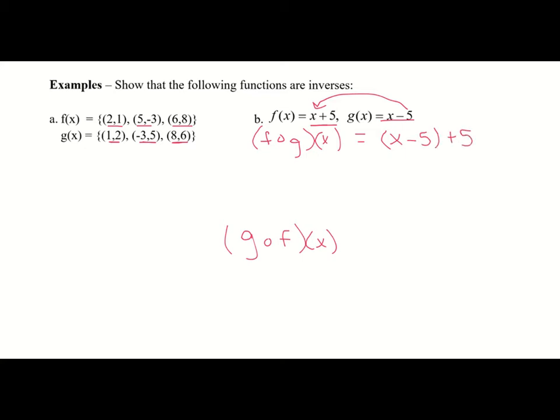This is nice and easy because when I simplify, those 5s cancel out and we're left with just x. Then for the next one, g is x minus 5, so I plug in x plus 5 for x, giving x plus 5 minus 5, which simplifies to just x. Because both compositions simplify down to x, they are inverse functions.